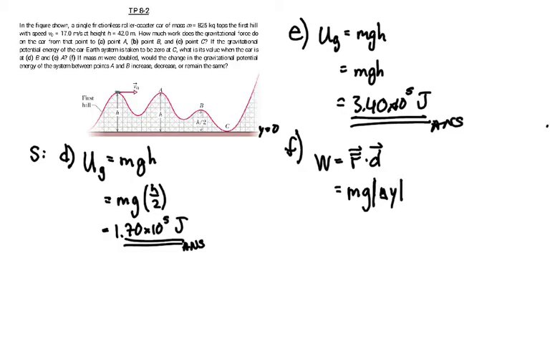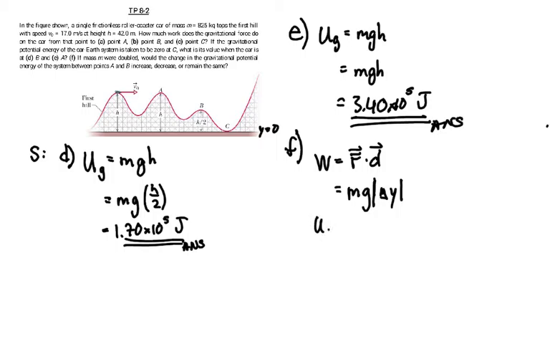I put absolute value on there because our force vector and our displacement vector are pointing in the same direction. They're both pointing in the negative y direction. And so I have my positive weight force, even though it's pointing in the negative direction. And when I look at delta y, it's final minus initial, but because they're pointing in the same direction, I just want the positive value.